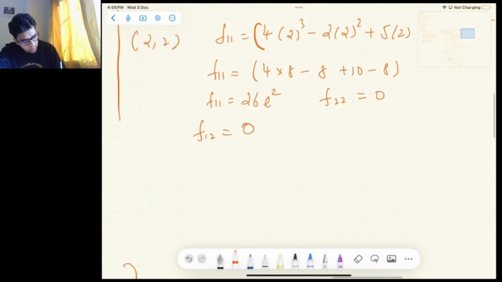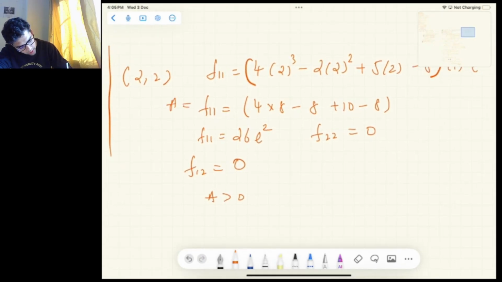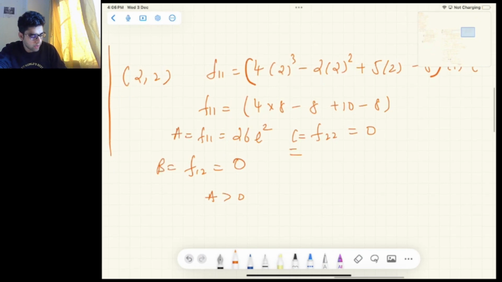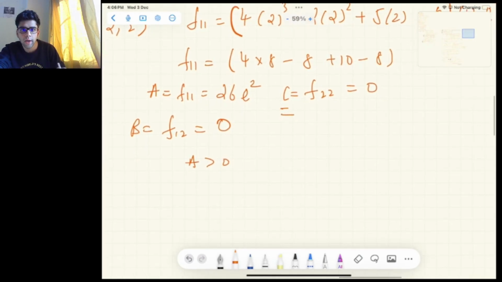So the value of my expression: this is my a, this is my c, and this is my b. So my a becomes positive, my b is 0, my c is 0, and my ac minus b square becomes 0.